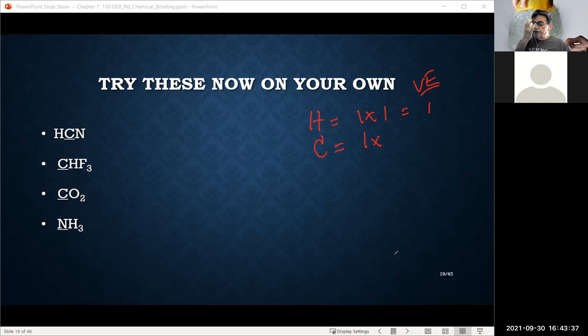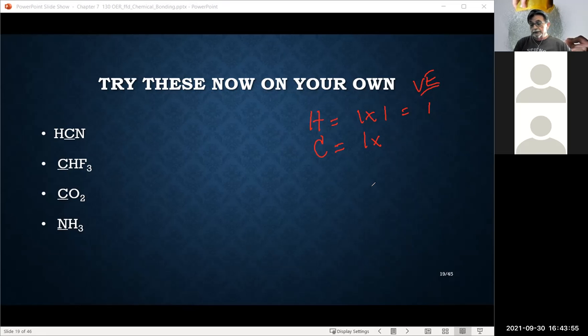Okay, carbon's element number 6. Anybody want to try it out? Four? You got it. Okay.